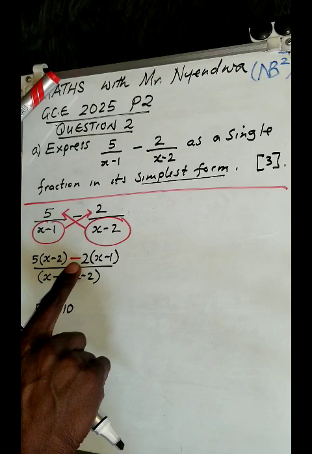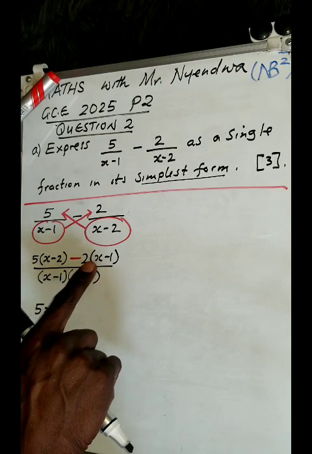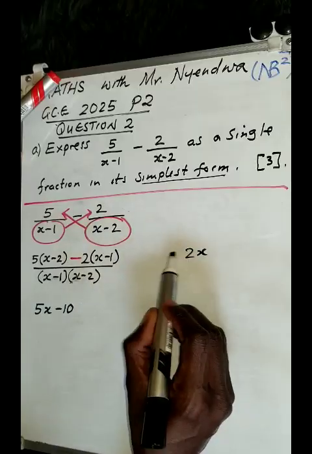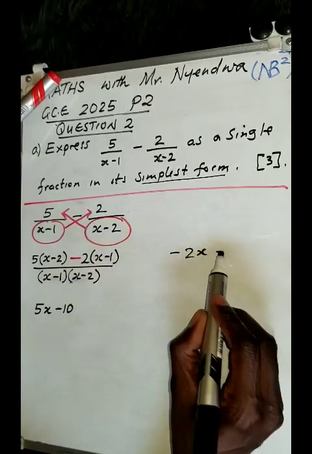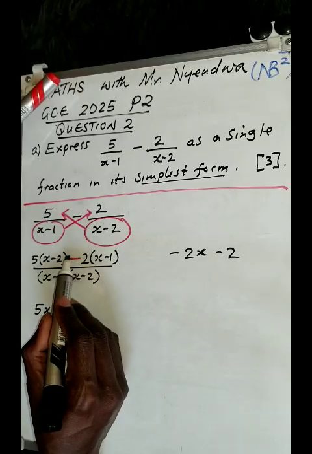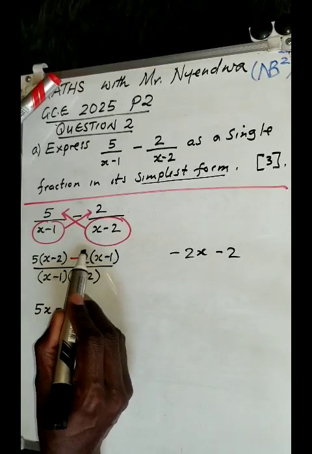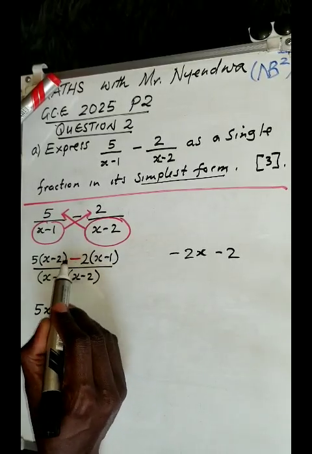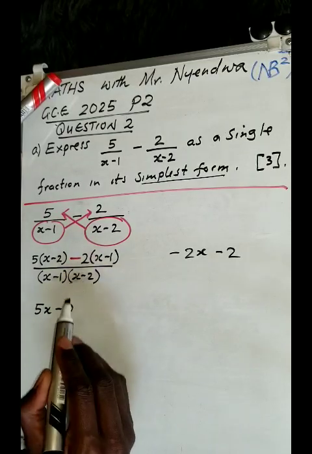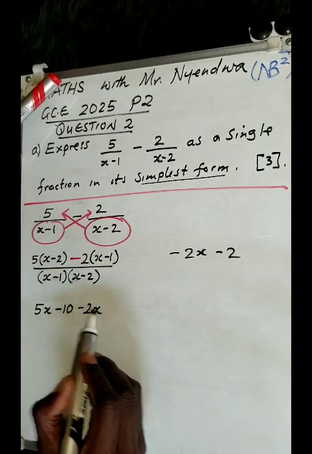Please, when it comes here, most people make mistakes. They say 2 times x, which gives 2x, and 2 times negative 1, they still write negative 2. This is wrong. The moment you come here, the number together with its sign, the negative sign. So it's negative 2 times x, which will give you negative 2x.